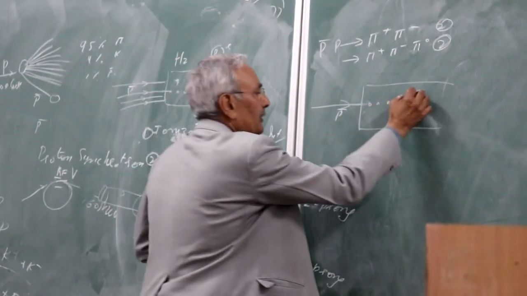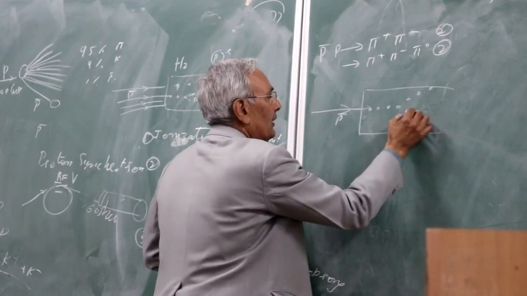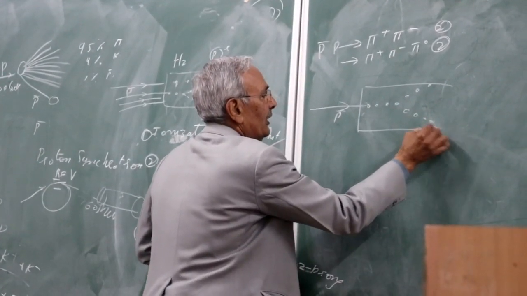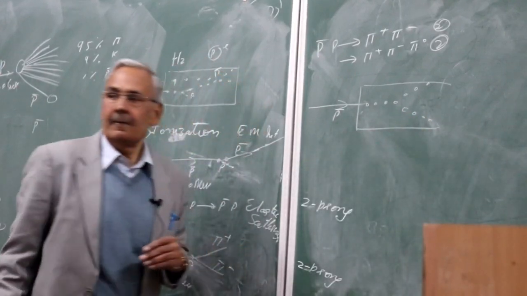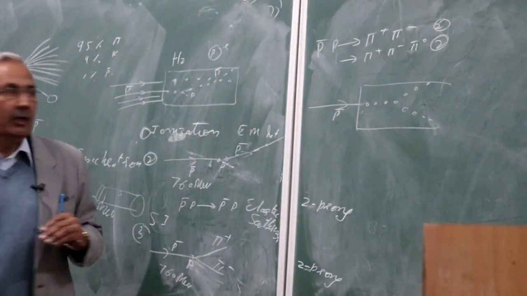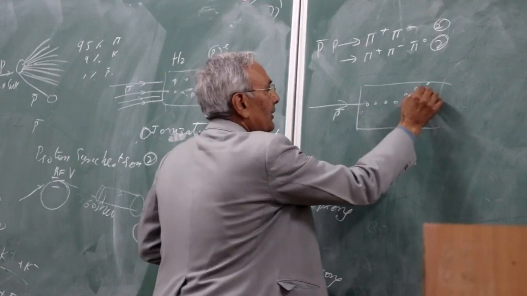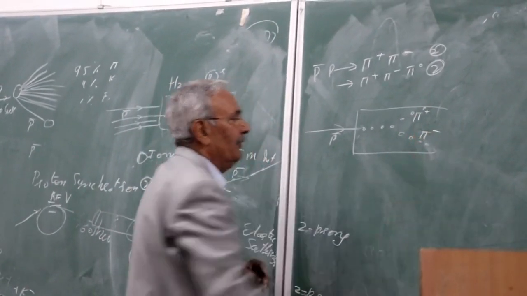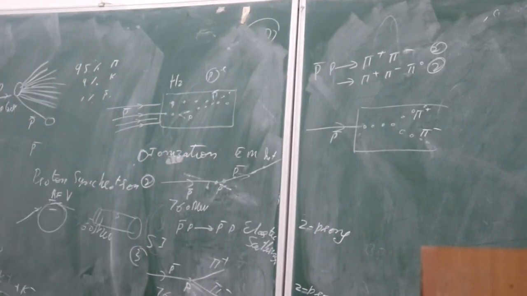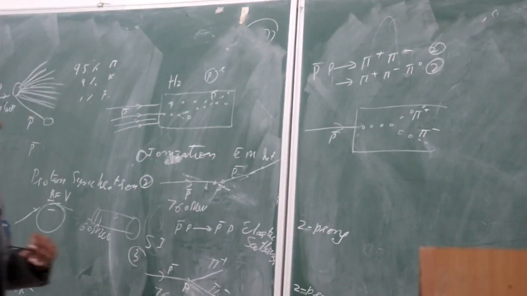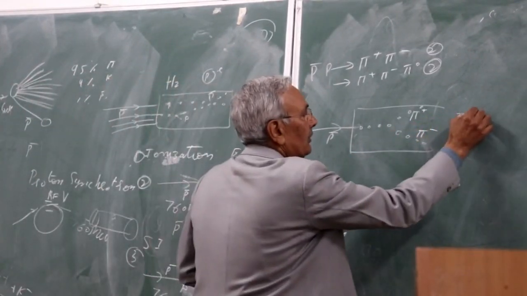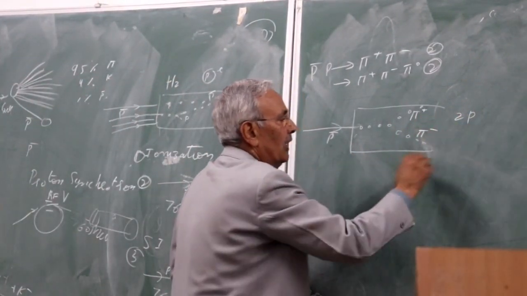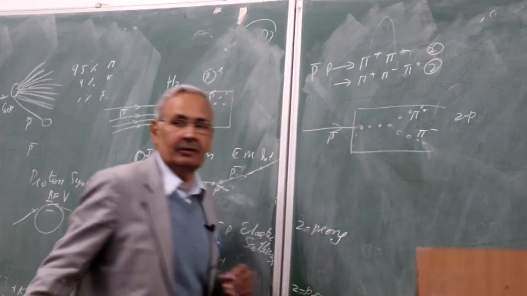Then you will find some bubbles are going in this direction, some bubbles are going in this direction, and with a curvature. Okay? This one is your pi plus. From the charge, from the magnetic field, you can find out what is the direction of pi plus, what is the direction of minus. So you'll have 2 pions, charged ones, and that you call a 2-prong event.